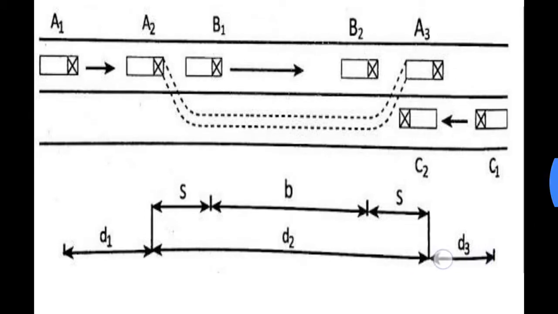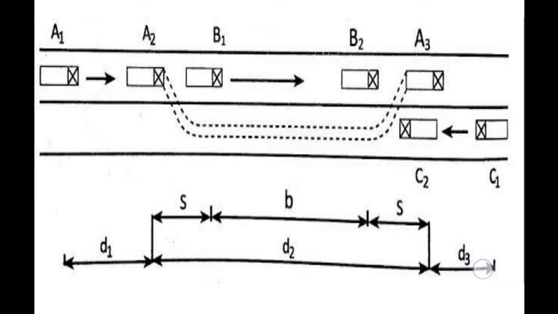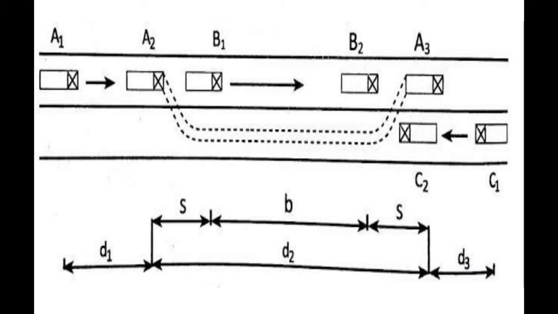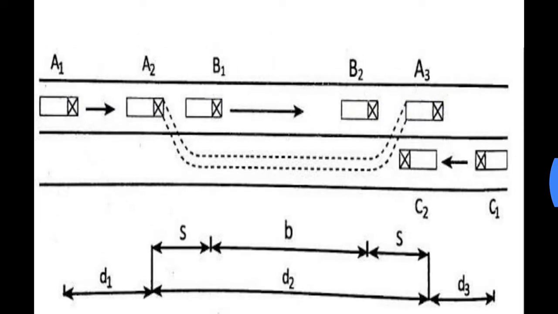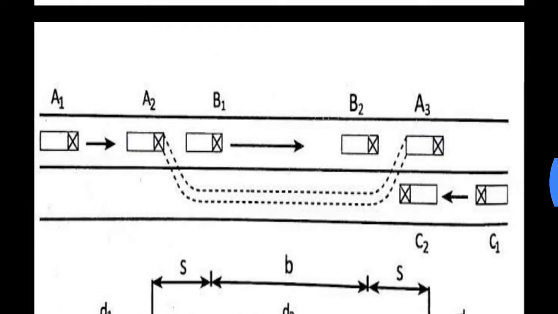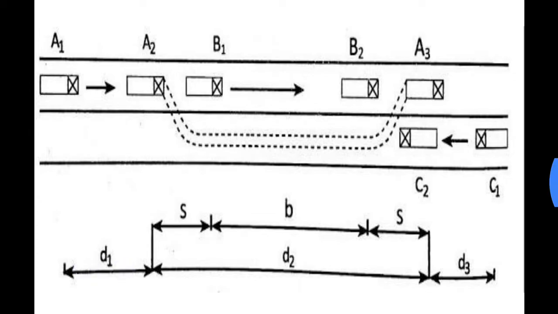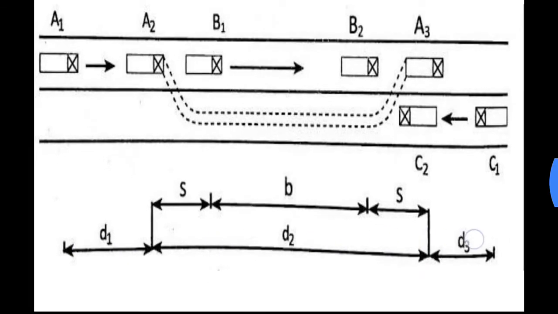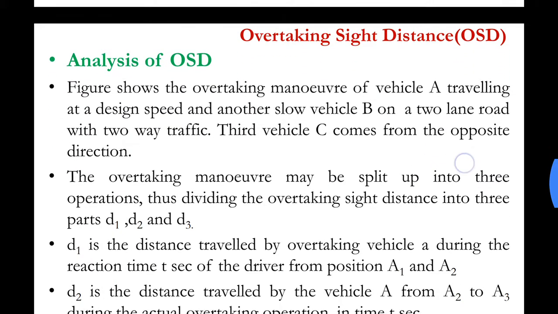Now we'll derive the formulas for d1, d2 and d3. The other condition is one-way traffic, where there may be one lane or many lanes, but the traffic is moving in a single direction. Then the OHD required would be only d1 plus d2. We will not be considering d3 in that case. Let us move ahead to the derivation.